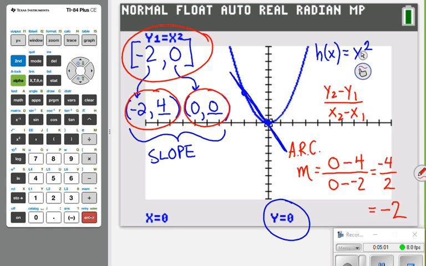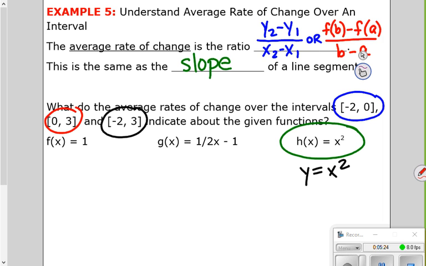And if you look, I think it's believable that this slope has a negative value because it's going downhill, but it's dropping 2 blocks for every one that you go over, down 2, over 1. So that makes sense to me that that is the slope of the line, that is the average rate of change. So back to my note sheet, I'm going to say from -2 to 0, the average rate of change is -2.